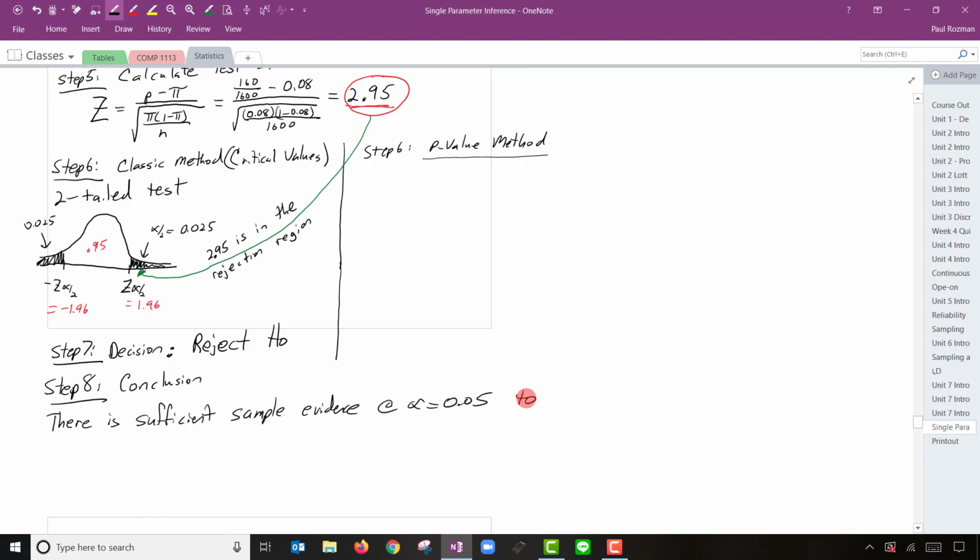This is where we're going to start talking about the claim, to reject the claim that 8% of delivered windows are damaged.